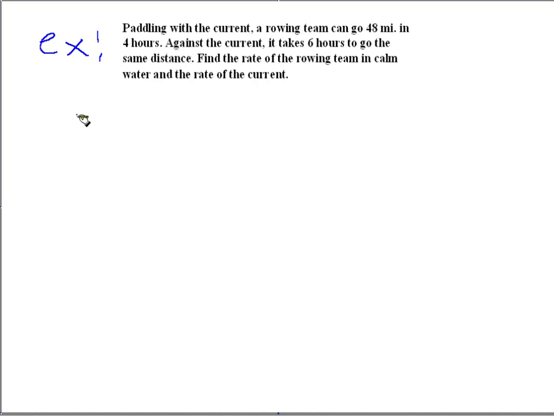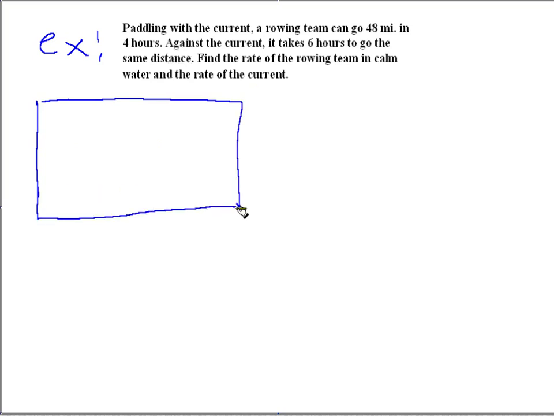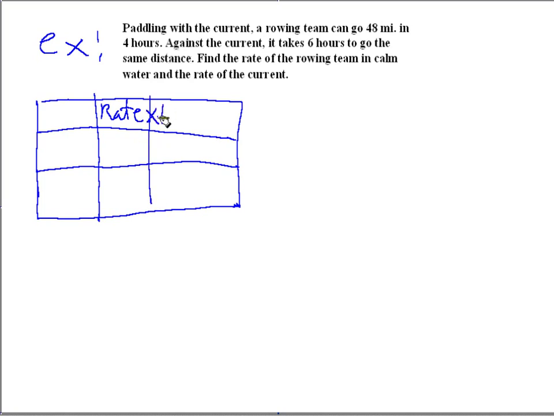So again, let's set up using the uniform motion table here. Take our time on that, and let's make a table with 3 rows in it once again. All right. So again, rate times time equals distance. Okay, so not too bad.